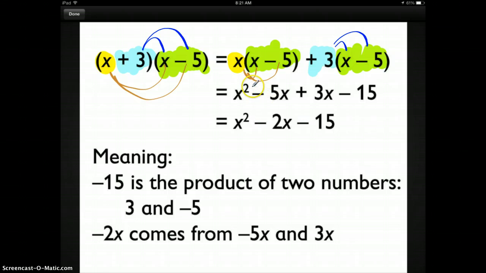Down here, negative 5 and positive 3 make negative 2, and that's the 2x. Negative 15 is the product of the two numbers, positive 3 and negative 5. It's just explaining the work, so you know what they're talking about.